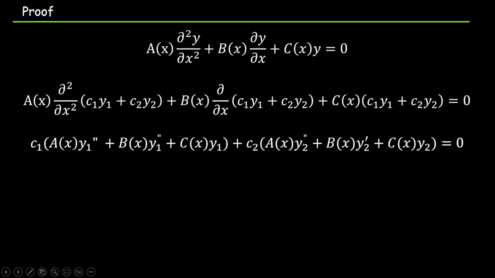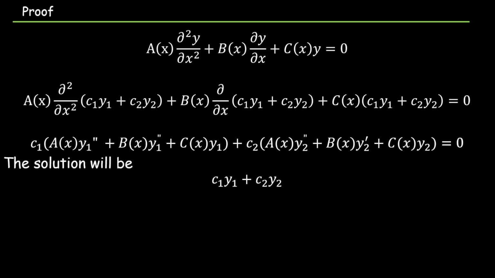If we made c2 equal to 0 and c1 just a regular constant, then we can solve that. y1 will give us c1 y1, and if we make c1 equal to 0 and c2 be any other constant, then we can get the solution y2. We can combine these two together, and the solution will be c1 y1 plus c2 y2, which pretty much shows the argument that I made in the last slide.